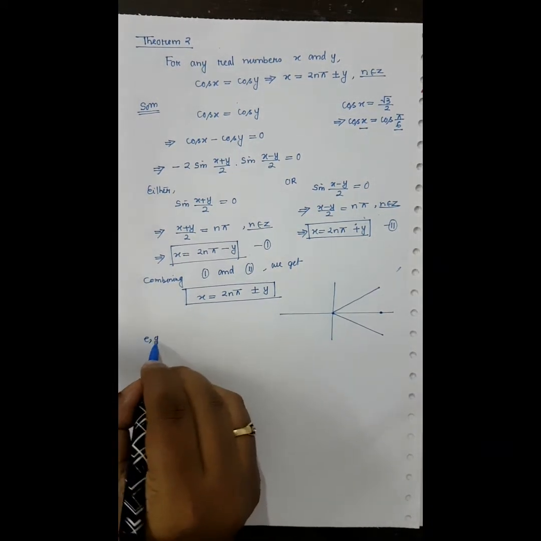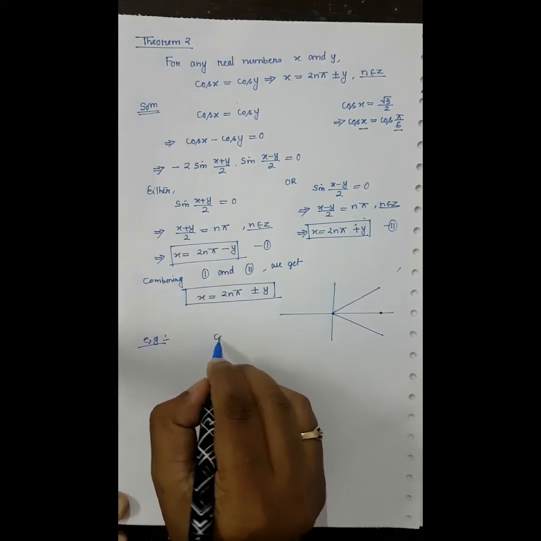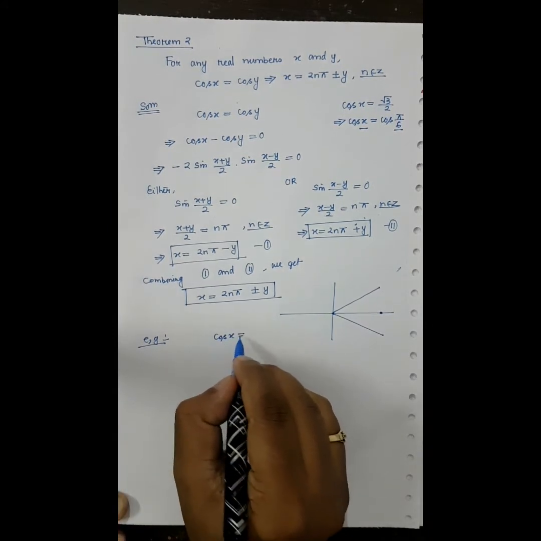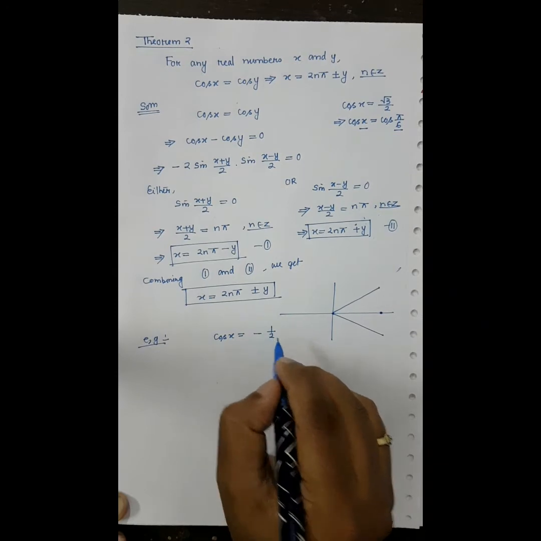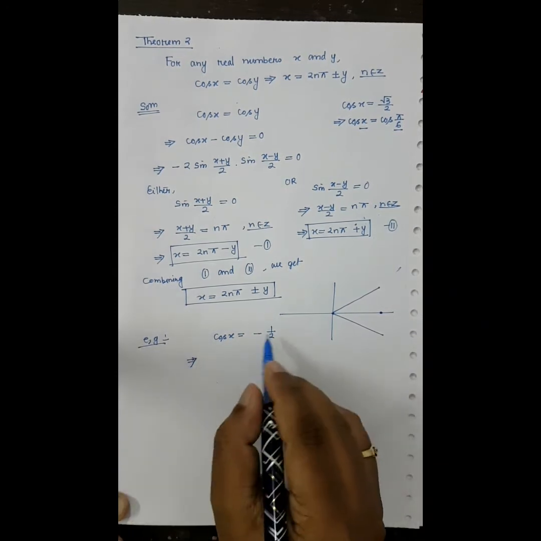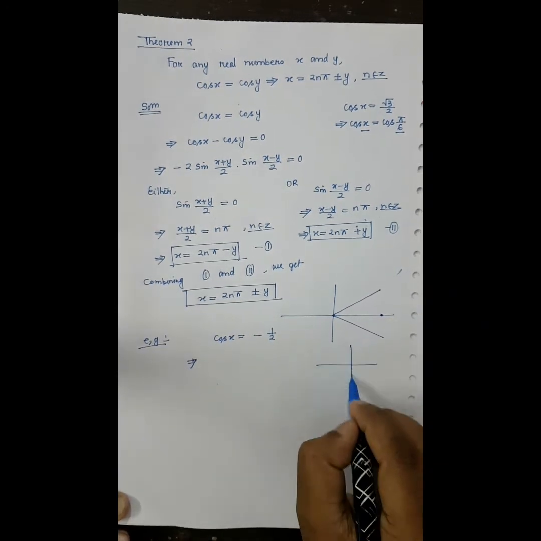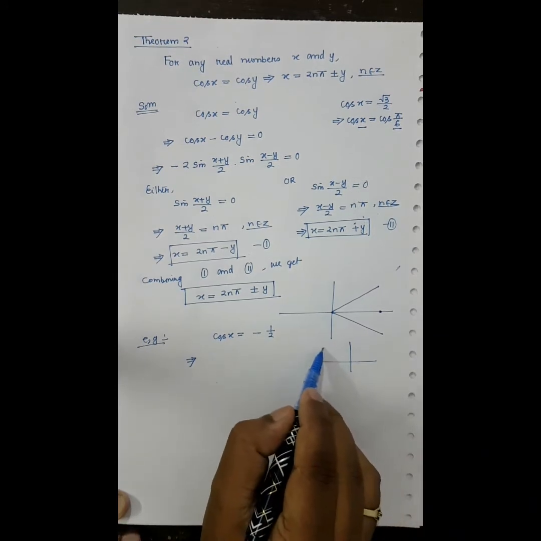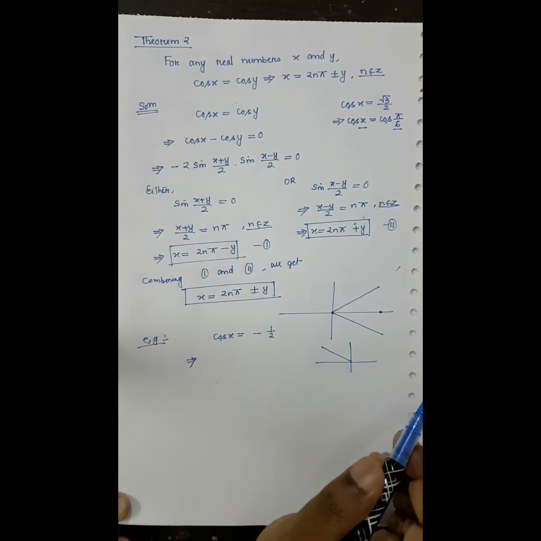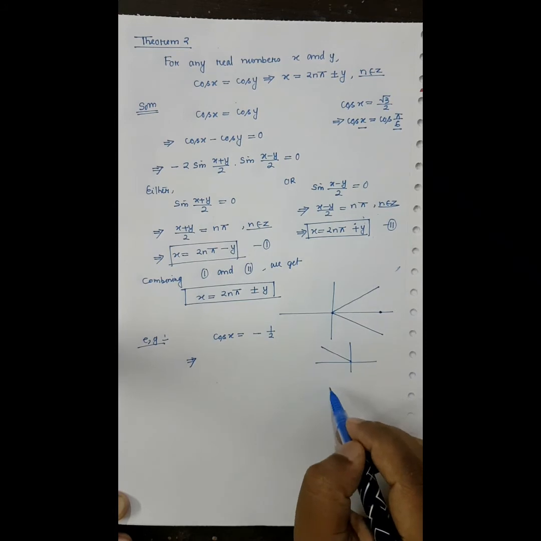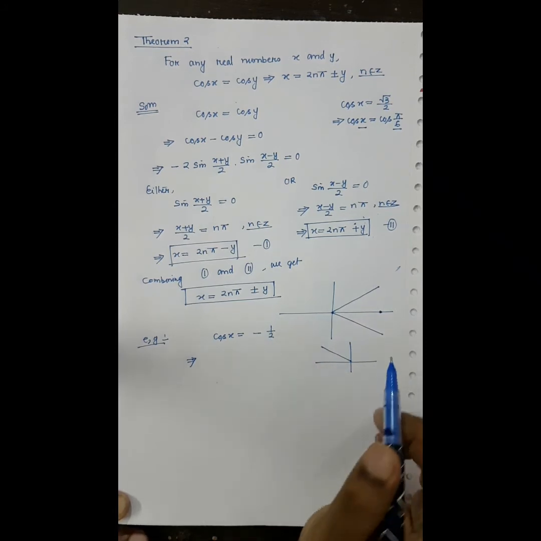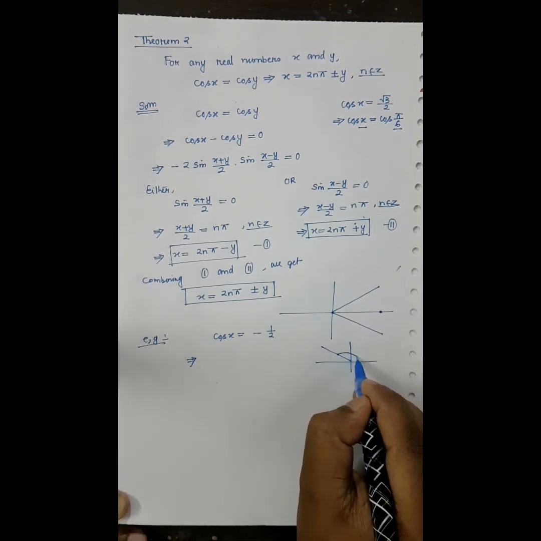For example, if you are given cos x is equal to minus of half. Now this is negative. We know cos theta is negative in second quadrant. Whenever the angle is in second quadrant, the value of cos theta is negative, or maybe in third quadrant. Now for the smallest possible angle, we'll take second quadrant.